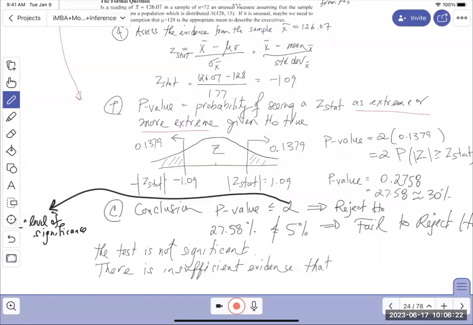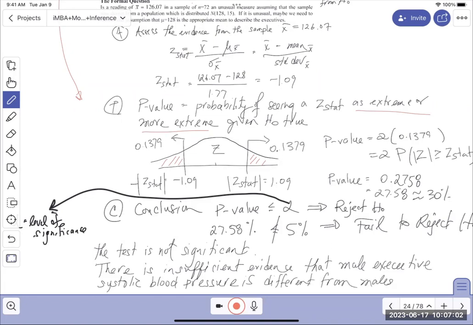There's insufficient evidence that male executives' systolic blood pressure is different from males in general.